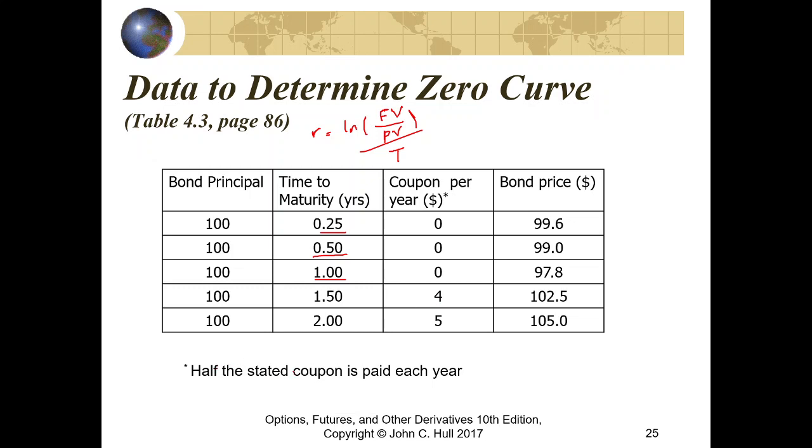Since half of the stated coupon is paid each semi-annual period, or each 6 months, not each year, $2 will be paid after 6 months, $2 will be paid after 1 year, and $2 plus the principal will be paid after a year and a half.